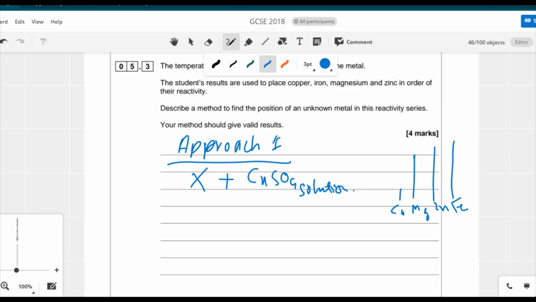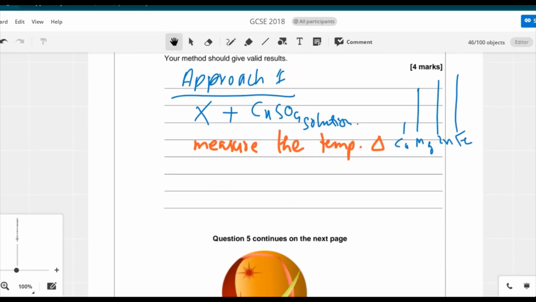Okay, the next one, now we need to measure the temperature change. Okay, the next one, that is place the metal. Now when we measure the temperature, we will see what the temperature is in Celsius.